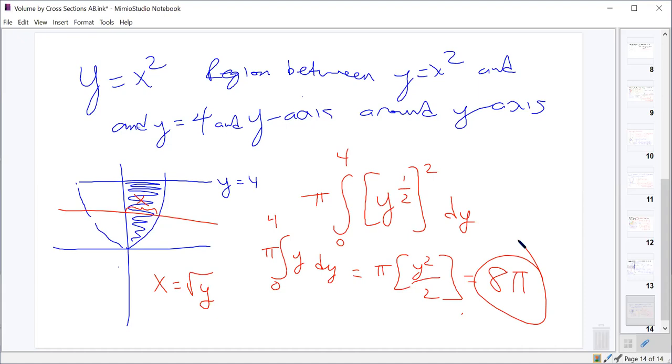Why would it not be the integral of 4 squared minus the square root of y squared? Because that radius is always however far over we've gone, x. The radius is from the y-axis to the function, which is x.